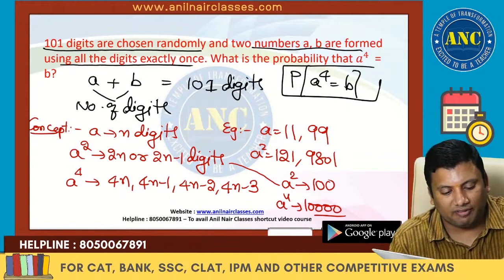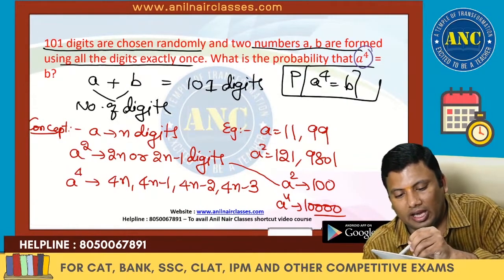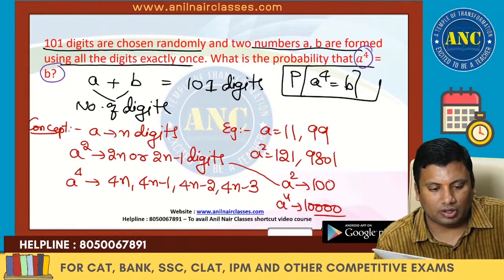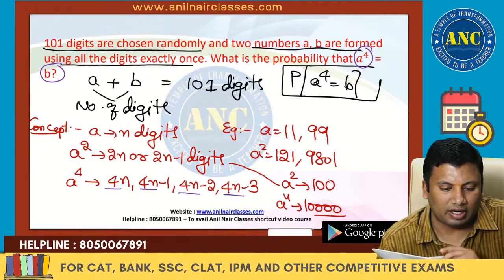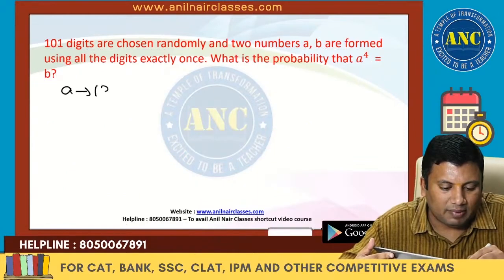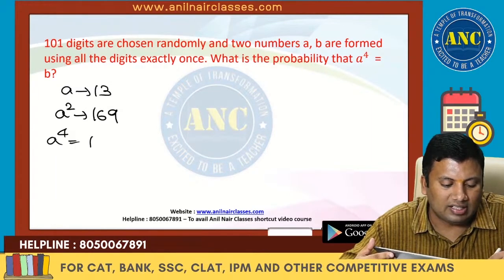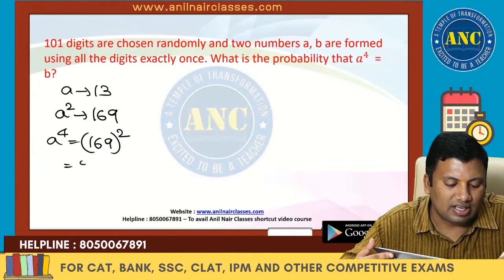Now listen carefully. Find the probability of a power 4 equal to b. These should sum to 1. Now if it is 4n, 4n minus 1, 4n minus 2. Now if you see here, a is 13, a square is 169, and a power 4 is 169 whole square, which is 2197 into 13.